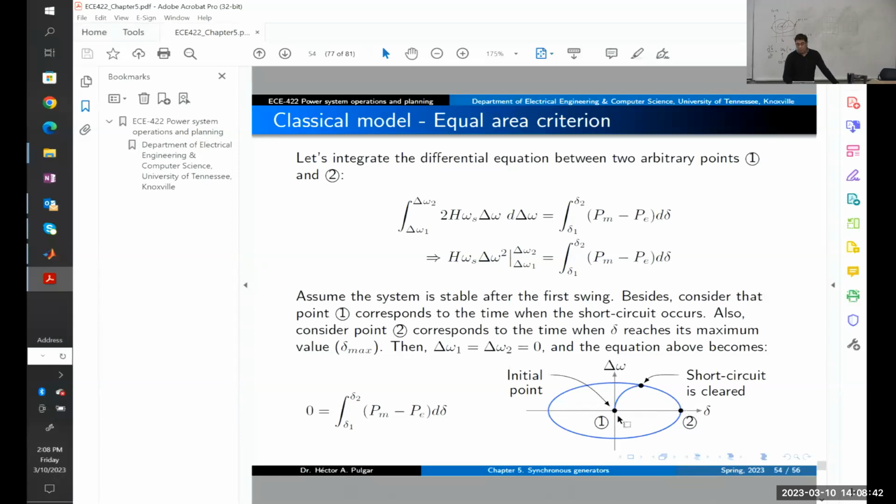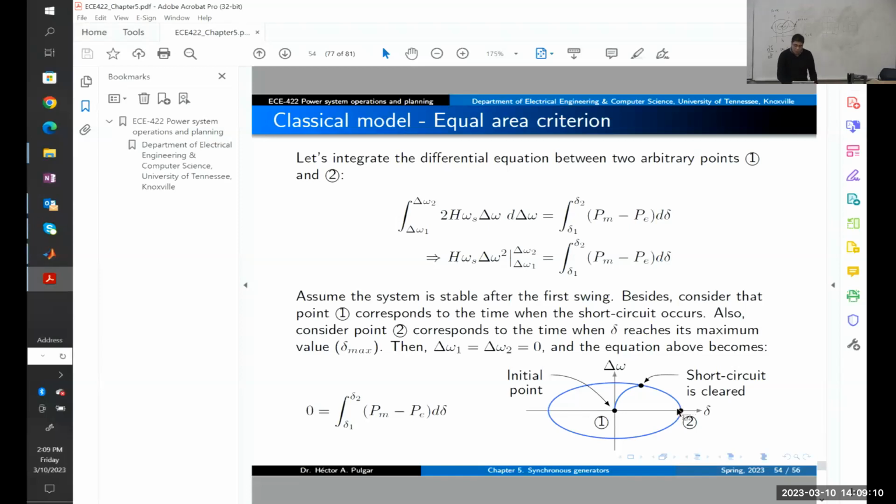So at the equilibrium point here, how much is delta omega? It's at the equilibrium point. Omega is 1. So delta omega is going to be 0. At the end, when we reach that maximum angle, then how much is delta omega? As we discussed before, the speed at that point is going to be 1 per unit. So once again, delta omega will be 0 at this point.